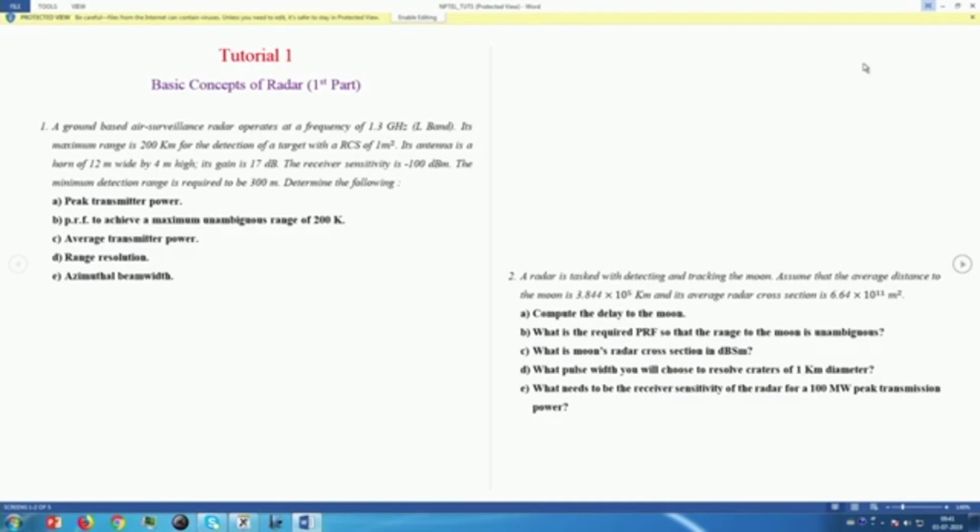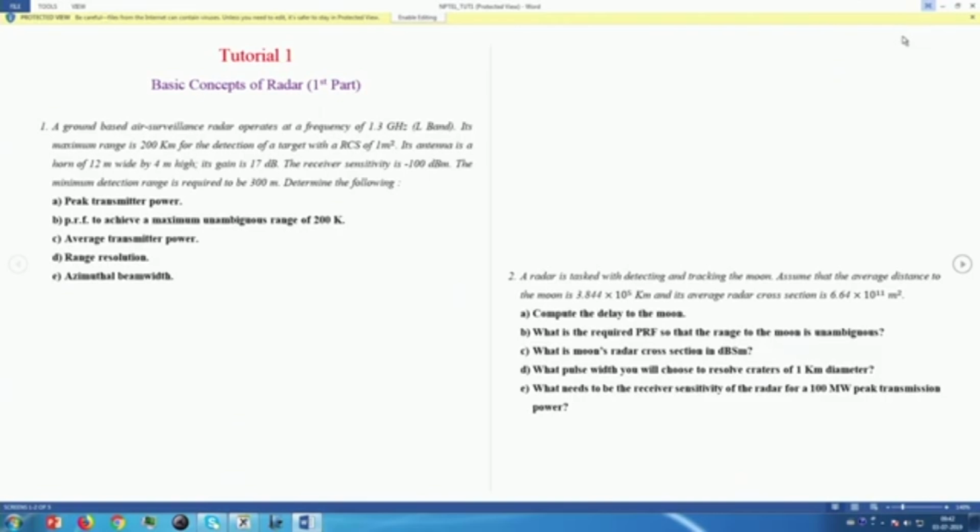The receiver sensitivity, we have introduced this term, is minus 100 dBm. The minimum detection range is required to be 300 meter. Now, based on this information, determine the following: the peak transmitter power, PRF to achieve a maximum unambiguous range of 200 K, average transmitter power, range resolution and azimuthal beam width.